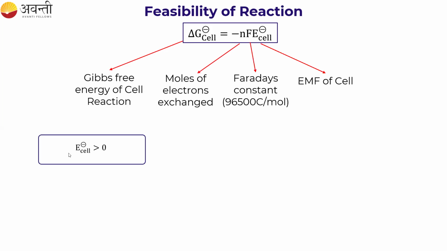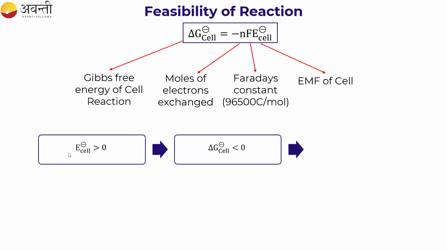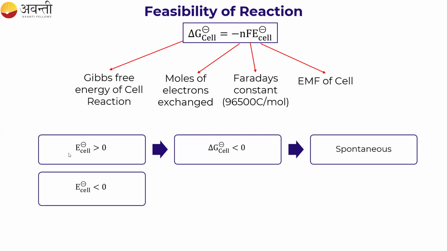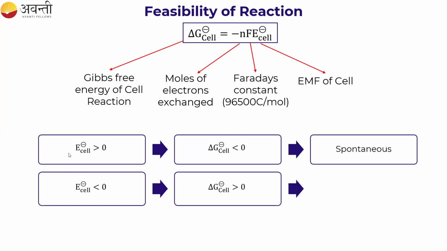If this E naught cell is greater than 0, then you will get delta G as negative, or less than 0. If delta G naught value is negative, then the reaction is spontaneous. In the other way, if E naught cell is less than 0, then delta G naught will be greater than 0. It will be positive, and the reaction is non-spontaneous.